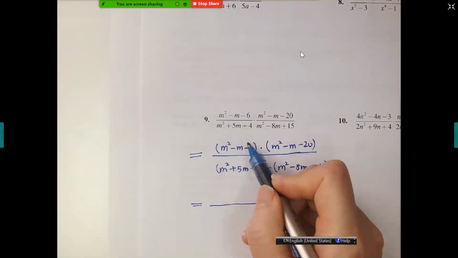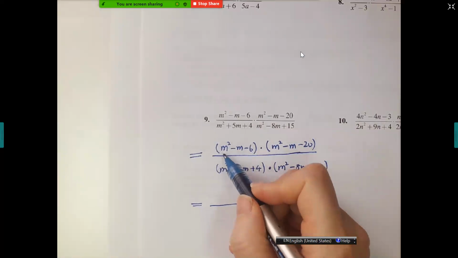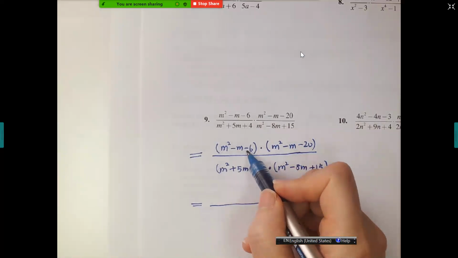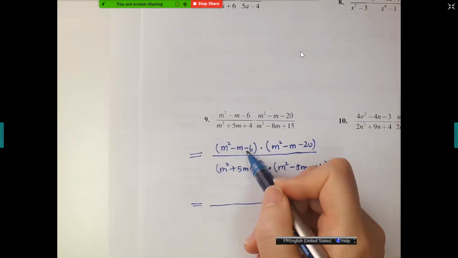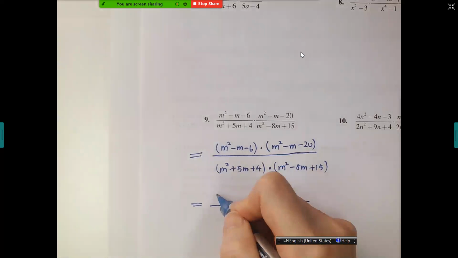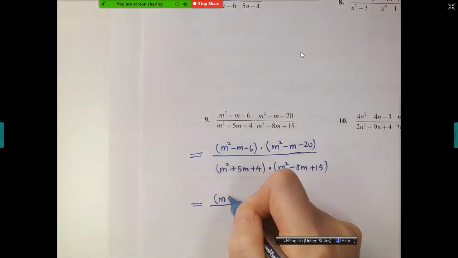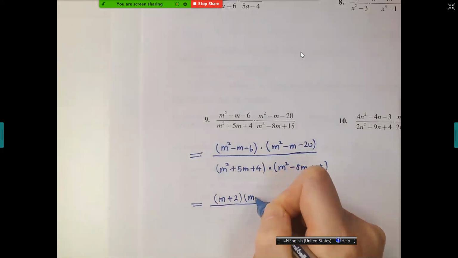I look at the first parenthesis, trinomial, leading coefficient is 1. The last term is -6. So look for two numbers. Product is -6, sum is -1. What are the two numbers? 2 and -3. So this trinomial can be factored as (m plus 2)(m minus 3).